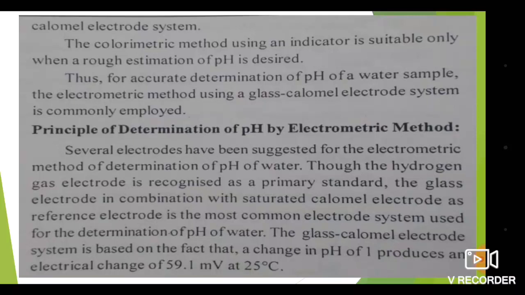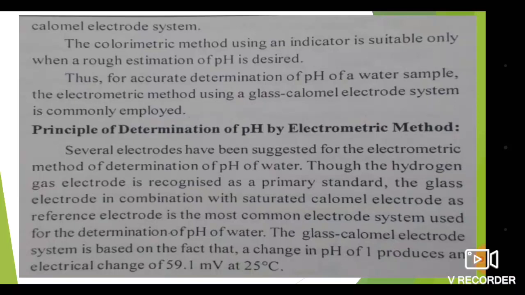The standard hydrogen electrode has a potential of 0. Also, we can use the hydrogen electrode as the primary electrode, but generally we use the calomel electrode in combination with the glass electrode for the determination of the pH of the water.